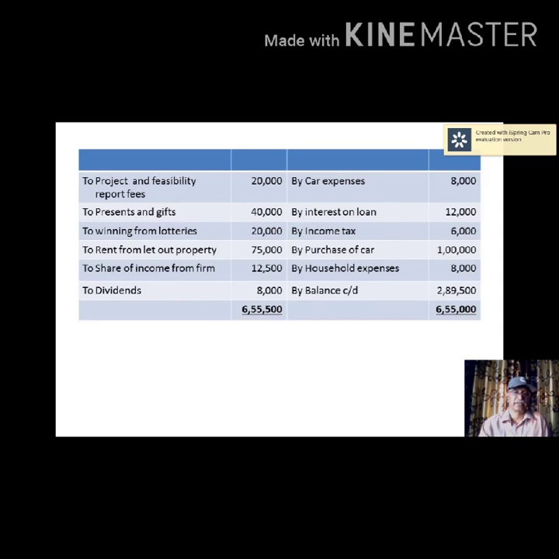Even project and feasibility report fees, that's an item of professional income. Regarding presents and gifts, excluding the gifts received at the time of marriage anniversary, the remaining amount you have to consider under professional income.